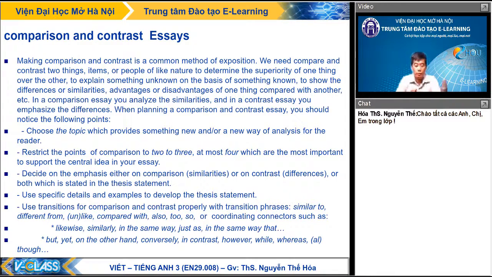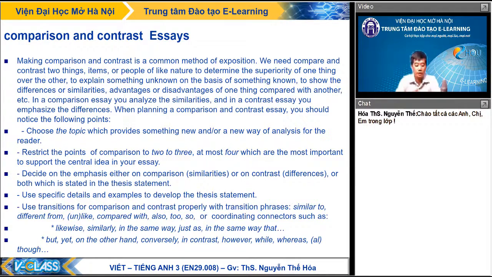And so when you write an essay, you should do the following. When you choose the topic, you may choose a new one, but you have to restrict the points of comparison to 3 points. Why? Because each point you should mention in a paragraph. Maybe sometimes you may try to develop 4 main ideas in 4 paragraphs.